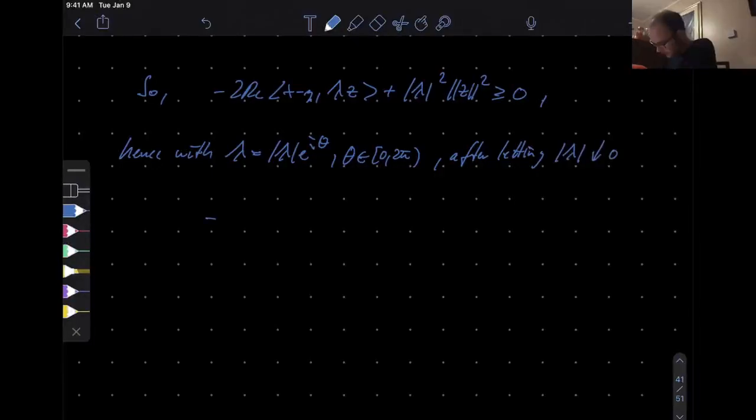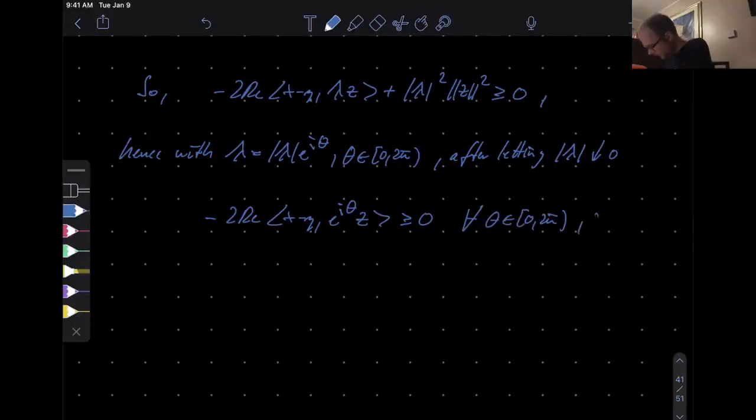What you find is minus twice the real part of the inner product of X minus Y and e to the i theta Z is non-negative, and this works for all theta in 0 to 2 pi and any Z in S. Okay, Z was an arbitrary point.